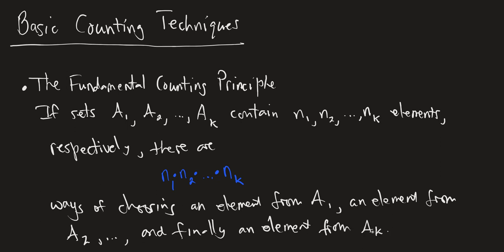All right, and there it is in all its glory, this fundamental counting principle. Sometimes I just call it the multiplication rule, because that's all you end up doing right here.